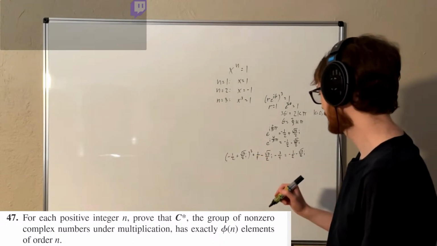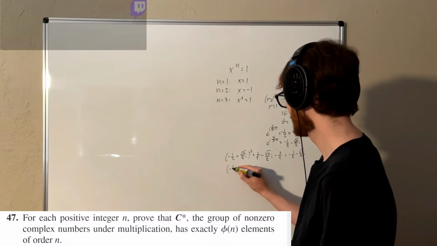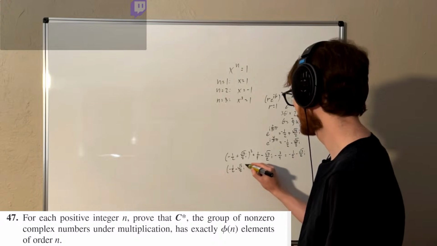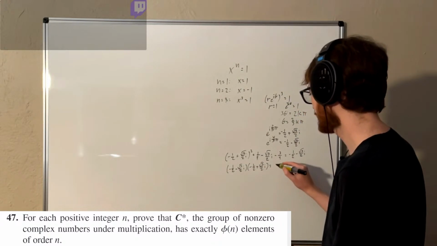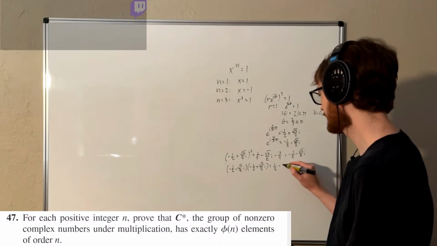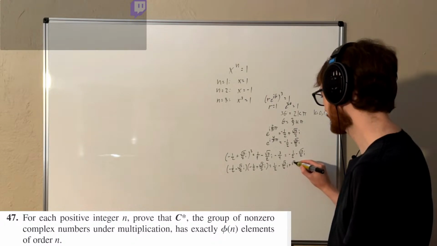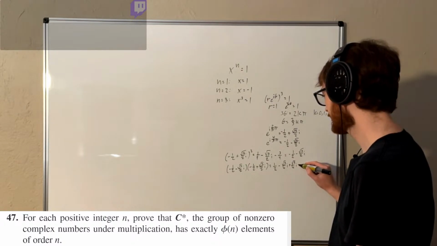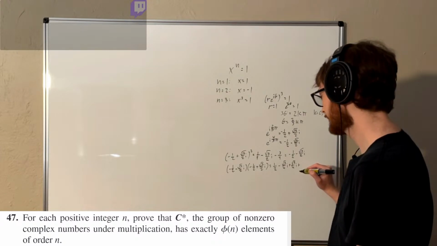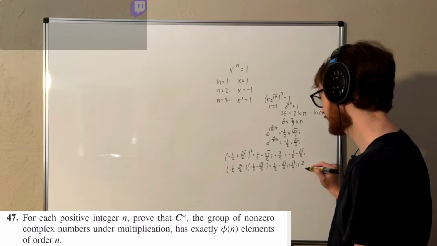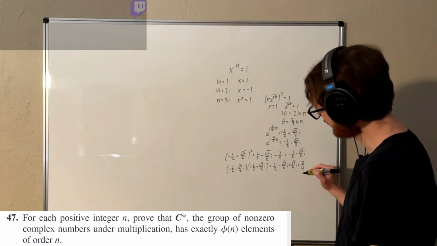These are conjugates? One half minus root 3 over 4i plus root 3 over 4i plus... what?